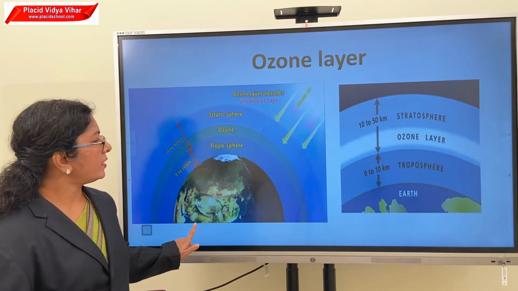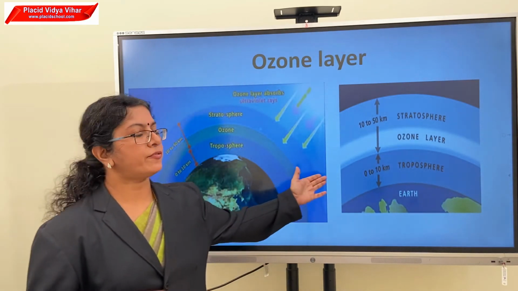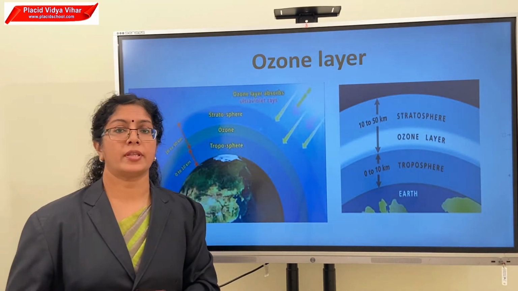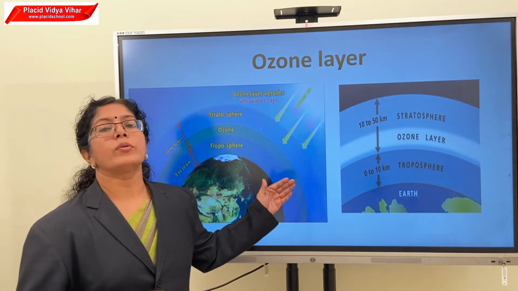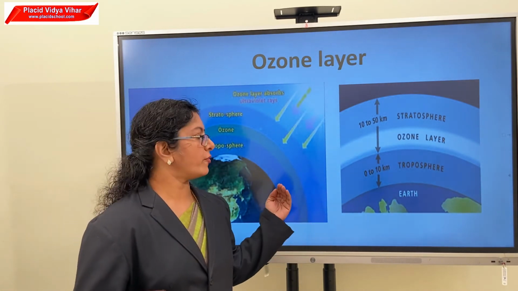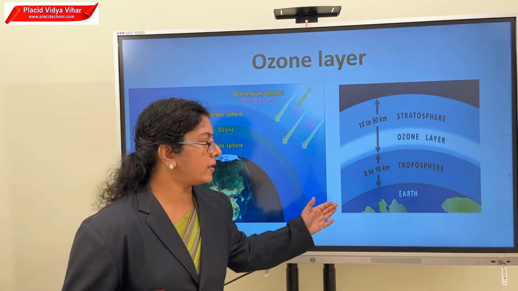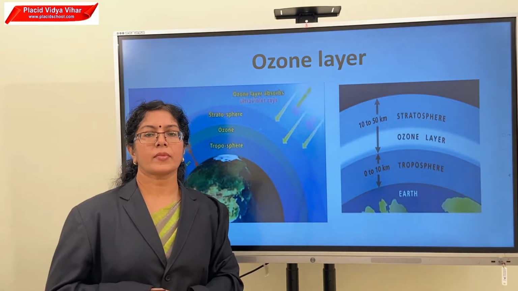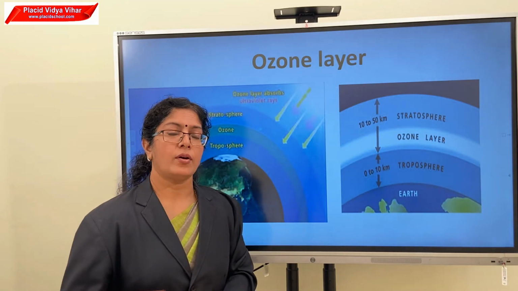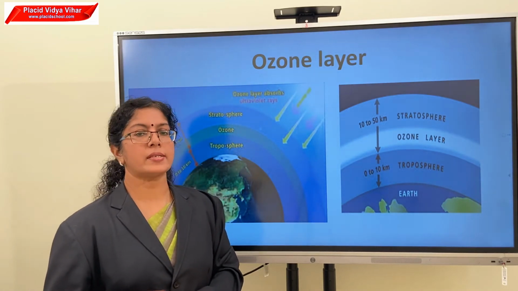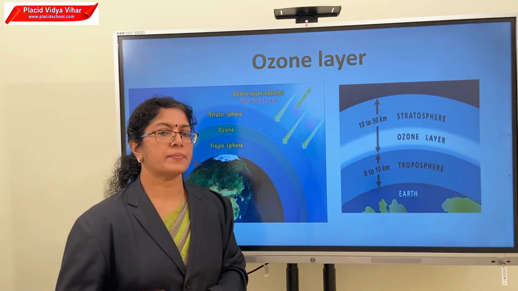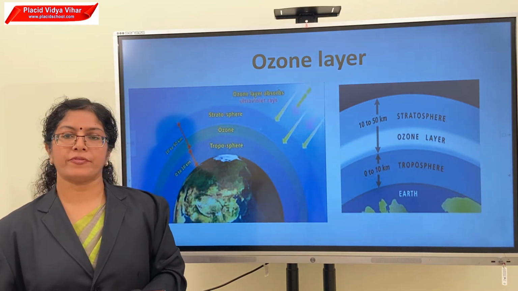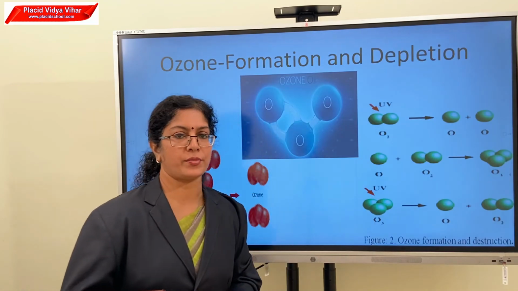You know, our earth is made up of different layers of air like troposphere, stratosphere, mesosphere, thermosphere, exosphere. This ozone layer, which is made up of ozone gas, exists in the stratosphere above the troposphere, as you can see. This is a thin layer of 3 to 5 millimeter thickness made up of ozone gas, and ozone gas, an allotrope of oxygen, is made up of 3 oxygen atoms.